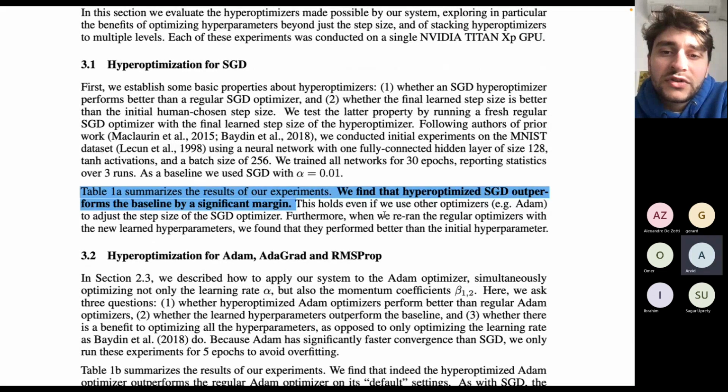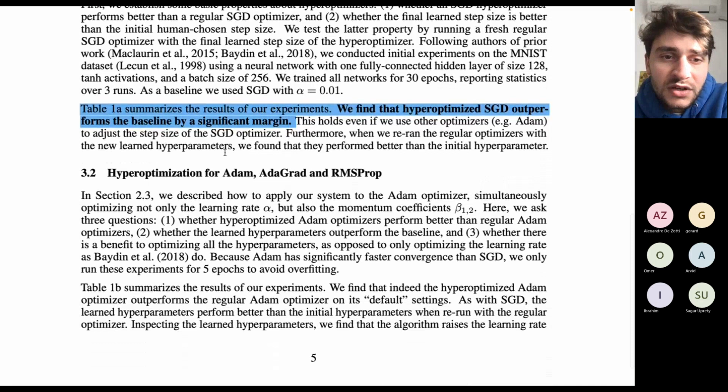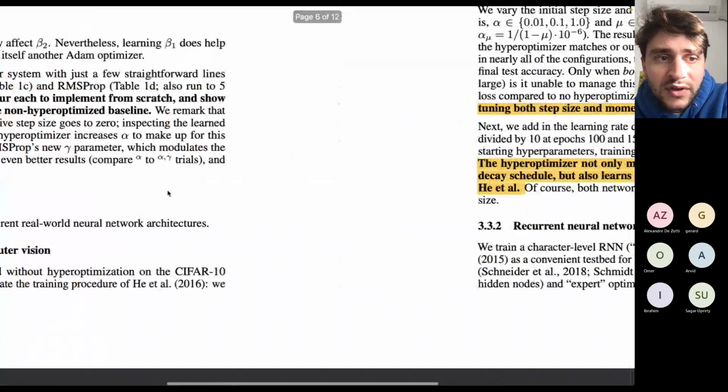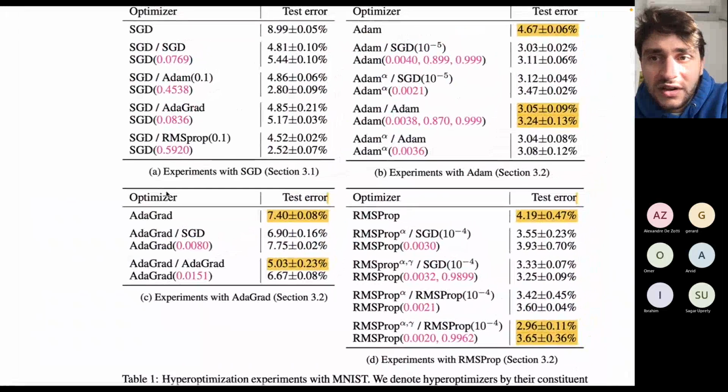Anyway, the results: they say we find the hyper-optimized SGD outperforms the baseline by a significant margin. And statistically, yeah, you see that sometimes it almost halved the error rate, even though the original error rate was low. They do the same comparison for Adam, Adagrad, and RMSprop. If we look at the results again, I'm not going to go through them because they're kind of the same.